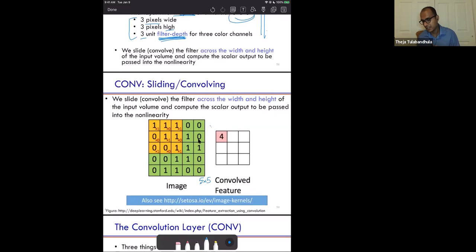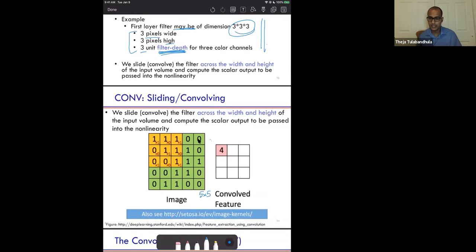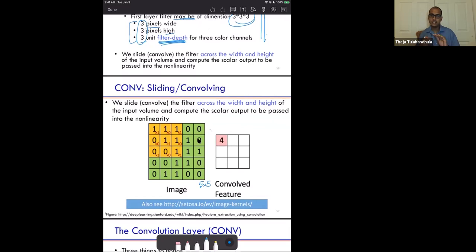My filter is 3 cross 3 cross 3, so let me pick the first matrix: 1 0 1 0 1 0 1 0 1. Those are the 9 numbers in the first matrix of the filter.